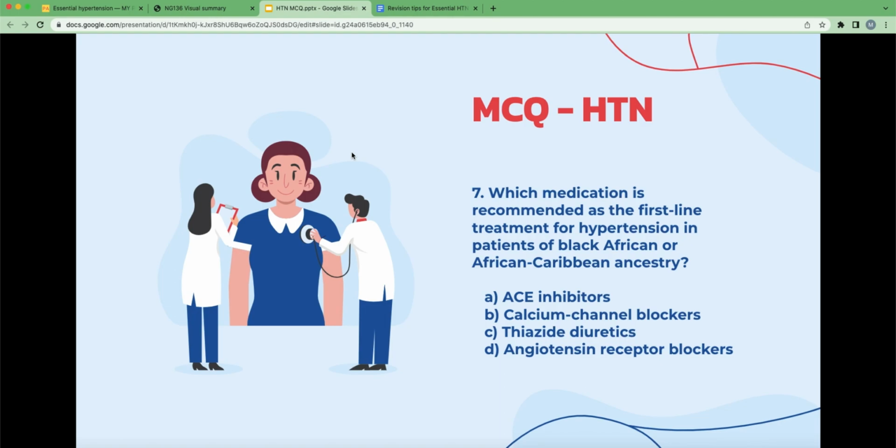Number 7. Which medication is the recommended first-line treatment for hypertension in patients of Black African or African-Caribbean ancestry? So we literally just covered that. A, ACE inhibitor. B, calcium channel blocker. C, thiazide diuretic. D, angiotensin receptor blockers.